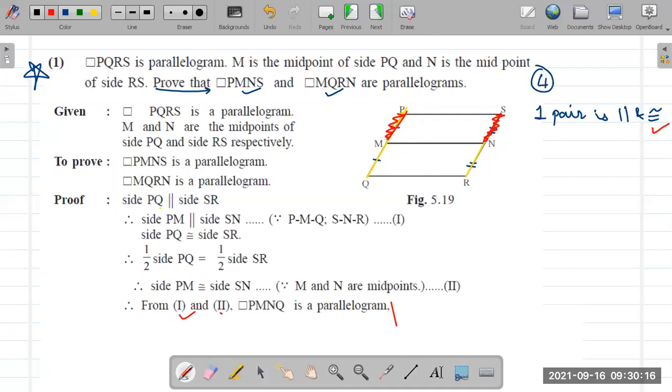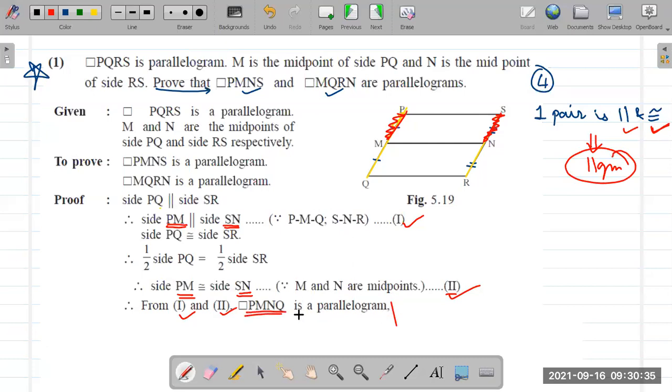Therefore, from 1 and 2, check. 1 says PM is parallel to SN and 2 says PM is congruent to SN, parallel and congruent. Therefore, what can we say? It is a parallelogram. Therefore, PMNS is a parallelogram.